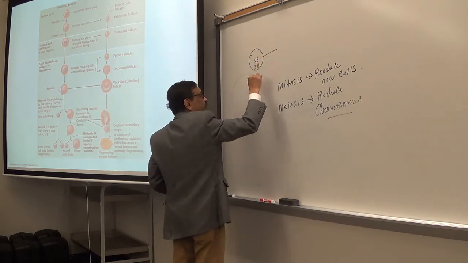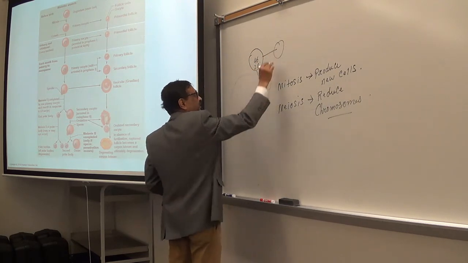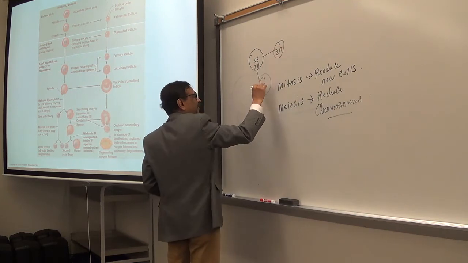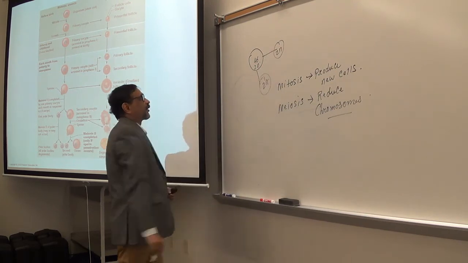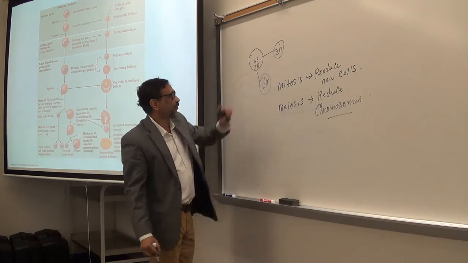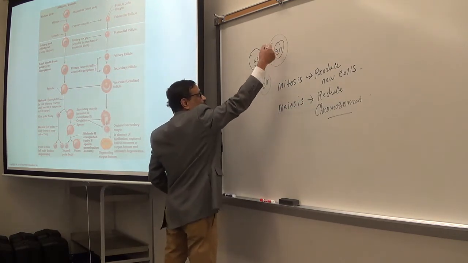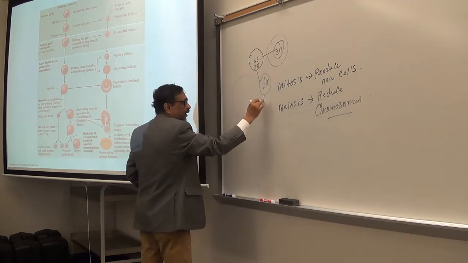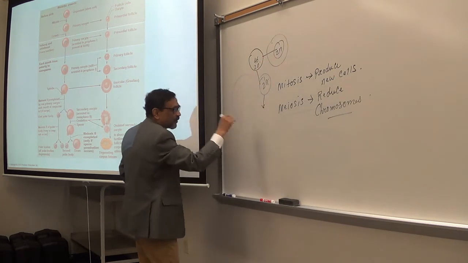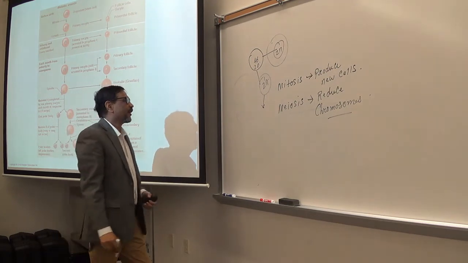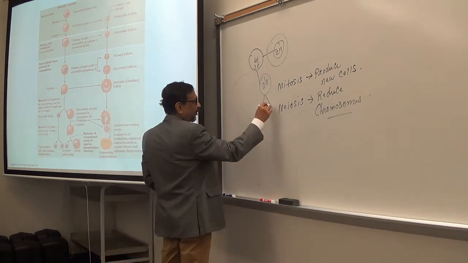Mitosis produces 2 daughter cells. Both have same number of chromosomes. This one will stay here to produce new cells, and this one will go to oogenesis. Okay? So first meiosis will occur.